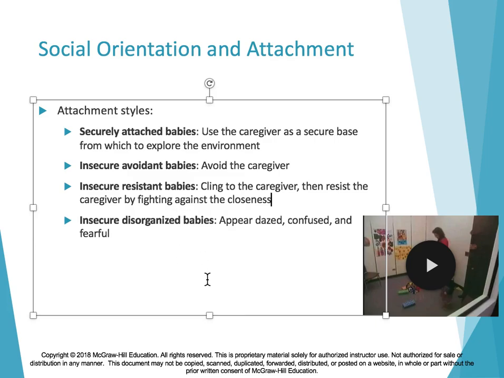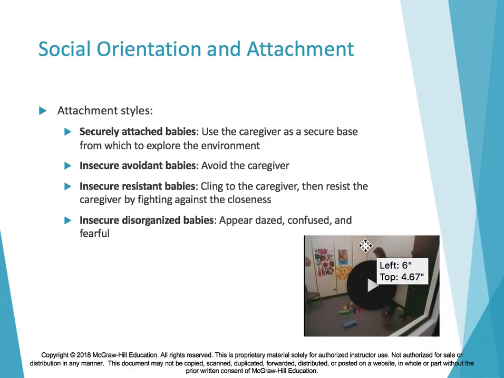Insecure resistant babies cling to the caregiver, but then they resist by fighting against the closeness. So it's sort of like they have no idea how to react, and they want to cling, but then they're mad. And then insecure disorganized babies appear dazed, confused, or even fearful when their caregiver returns, and that's typical among abused children.